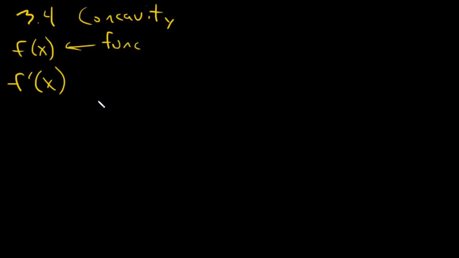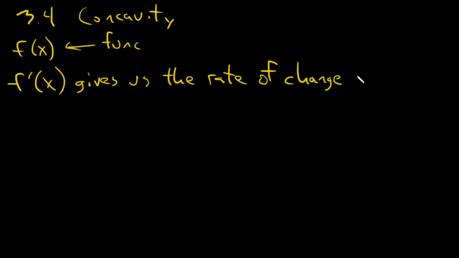But another way to say that is f prime of x gives us the rate of change of the function, which is also our f of x. It gives us the rate of change of f of x. Well, what is another word for f of x? Y. So it gives us the rate of change of the y values.